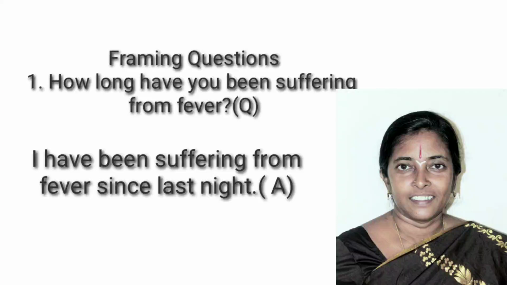Because last night is a specific time or point of time, so we have to use since. Otherwise, if a period of time is given, then you can use for. I have been suffering from fever for 2 days. So these are the things which you have to keep in mind while framing questions or sentences in present perfect continuous tense.